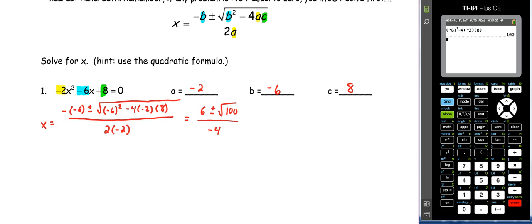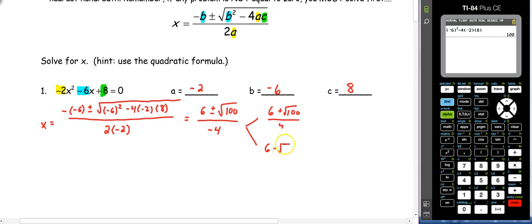Now this part looks like a problem that we did on the first day of quadratic formula. So all we're going to do to solve is we're going to split this into two parts. So we have 6 plus the square root of 100 over 4. And we have 6 minus the square root of 100 over 4 to get our two solutions for x.